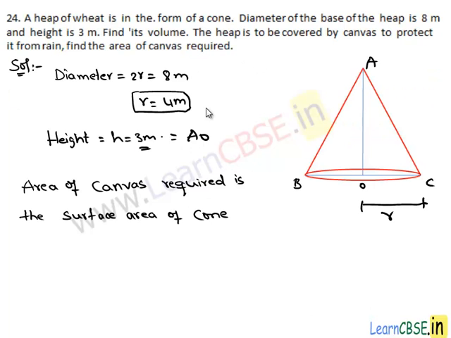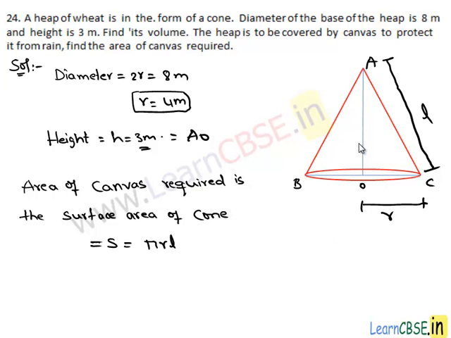And the area of canvas required is the surface area of the cone. And remember, the surface area of a cone is pi times r l, where l is the slant height. The slant height is AC. So let's determine the slant height.